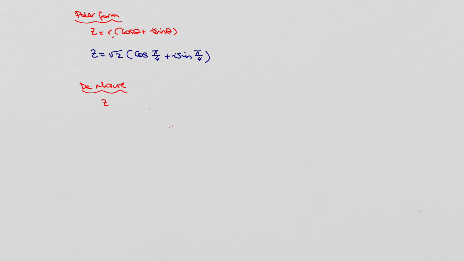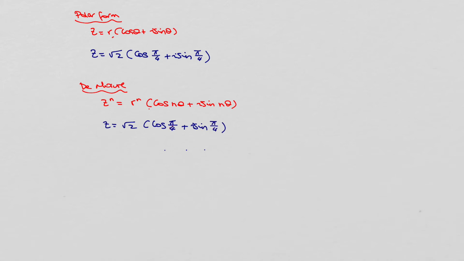And de Moivre is saying that if we take the complex number and multiply it by itself a repeated number of times, then we can raise the modulus to the power and multiply the angle by the power. So what we have here is z is equal to root 2 times cos pi over 4 plus i sine pi over 4.